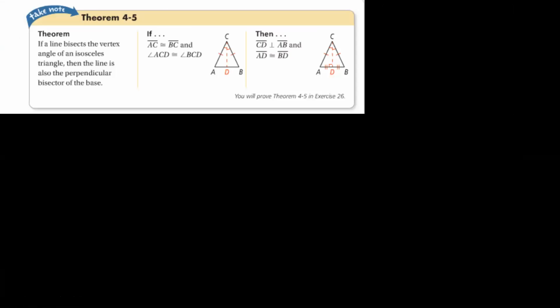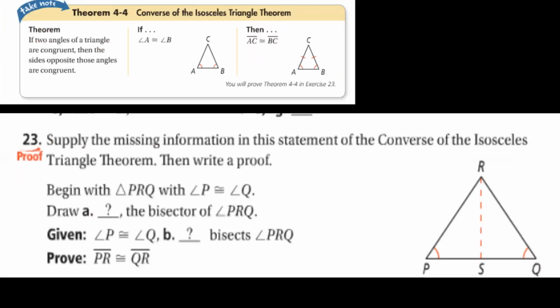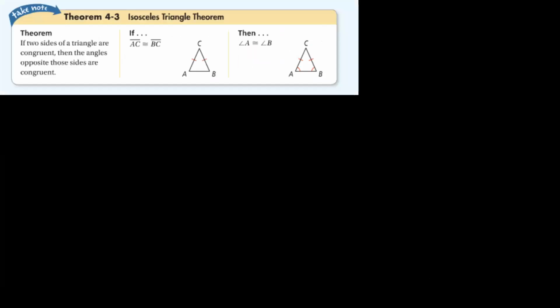We talked about this one, that if AC and BC are congruent and the angles are equal, then CD is perpendicular on AB. And also if AC is congruent with BC, then the measure of angle A is congruent to the measure of angle B.